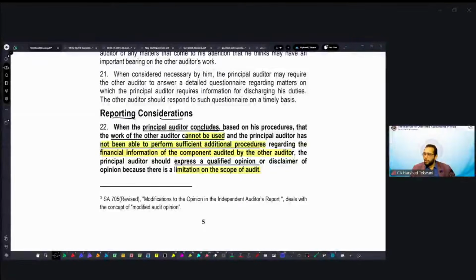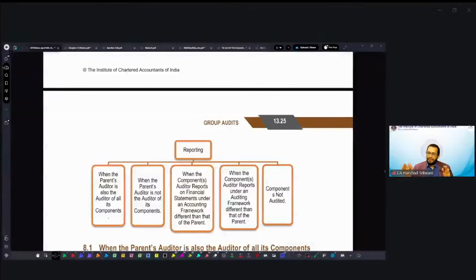So come to page number 13.25 of your study material. We will see certain reporting scenarios. Scenario number 1: when the parent auditor is the auditor of all its components. Tell me, in this particular scenario, are you required to provide the other matter paragraph?